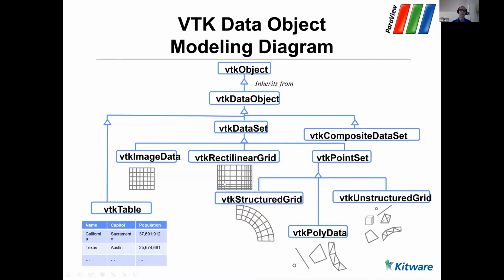Then the rectilinear irregular grid, we call this VTK rectilinear grid. Structured grid, this is also called the curvilinear grid. Polydata and unstructured grid. We're going to cover this in more detail in the next slide.